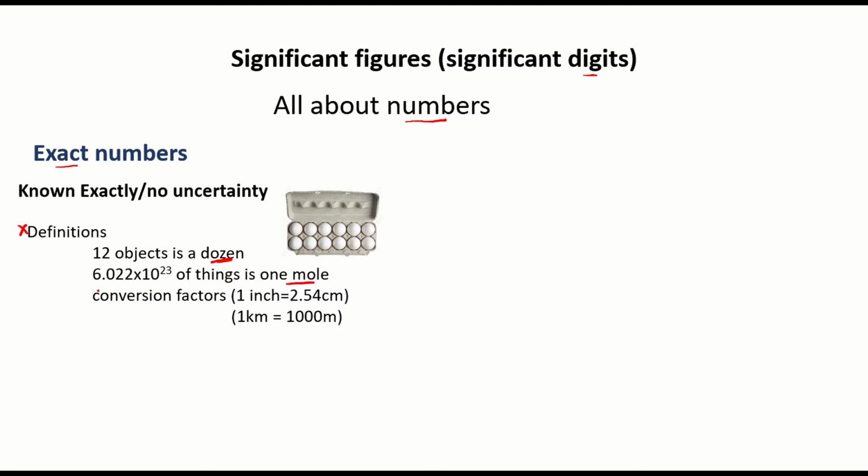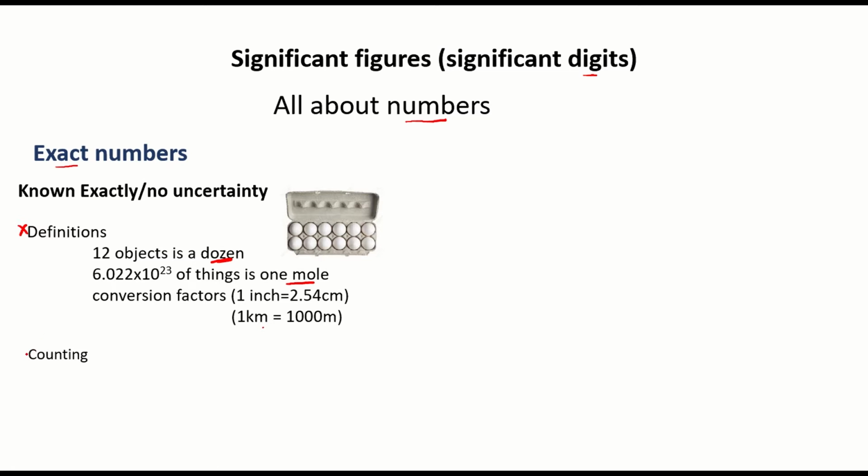The mole contains exactly this many things. Those things can be atoms, molecules, or anything. What else falls under exact numbers is conversion factors, like the conversion factors in the metric system or metric to English system. Those conversion factors are known as exact numbers.